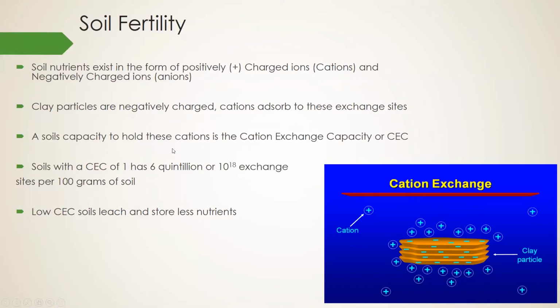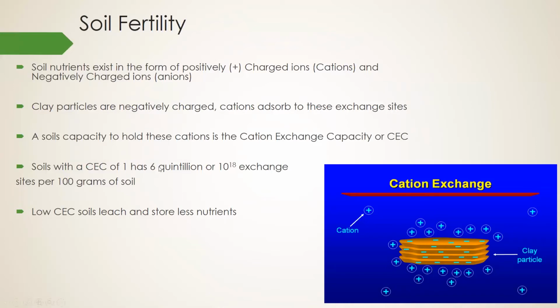So a soil's capacity to hold these cations is called the cation exchange capacity, or CEC. And to further illustrate the chemistry here, a soil with a CEC of 1, so that's just a standard measurement of CEC, equals 6 quintillion, or 10 to the 18th exchange sites.